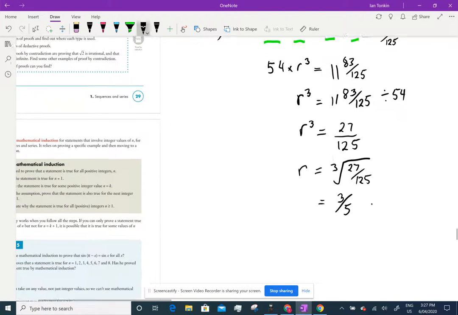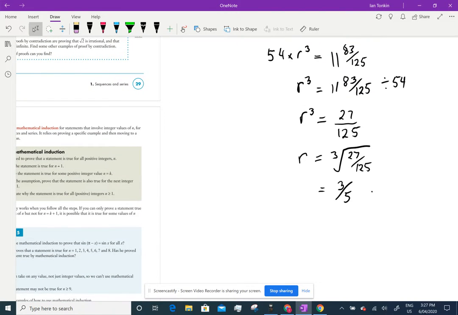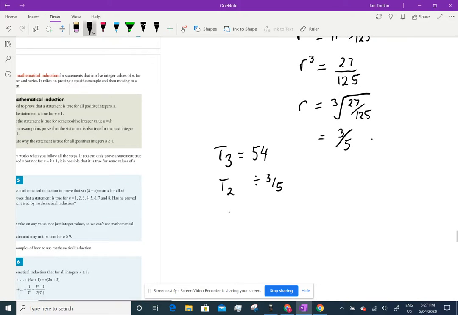Now, to get my first term, well, I know that the third term is 54. So to get the second term, I divide by 3 on 5. And to get the first term, I divide by 3 on 5 again.